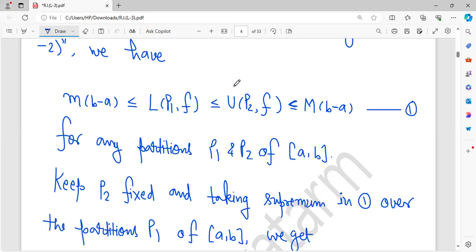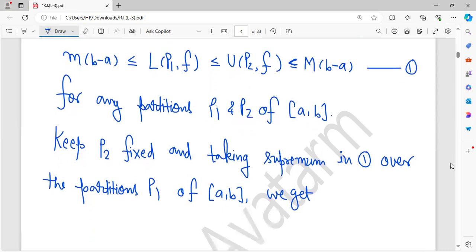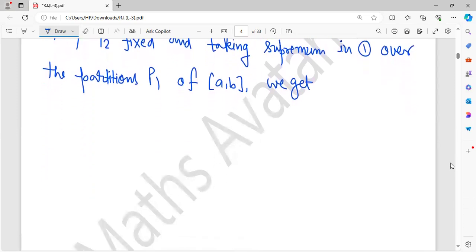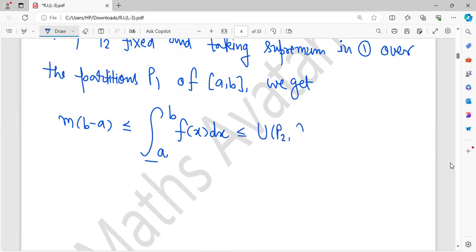Because m times (b minus a) is a fixed quantity, by taking the supremum we get the lower integral from a to b of f(x) dx is less than or equal to U(P2, f).